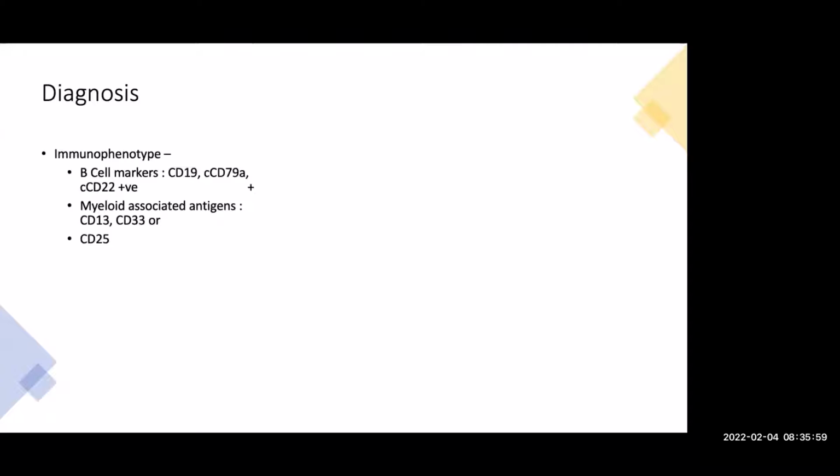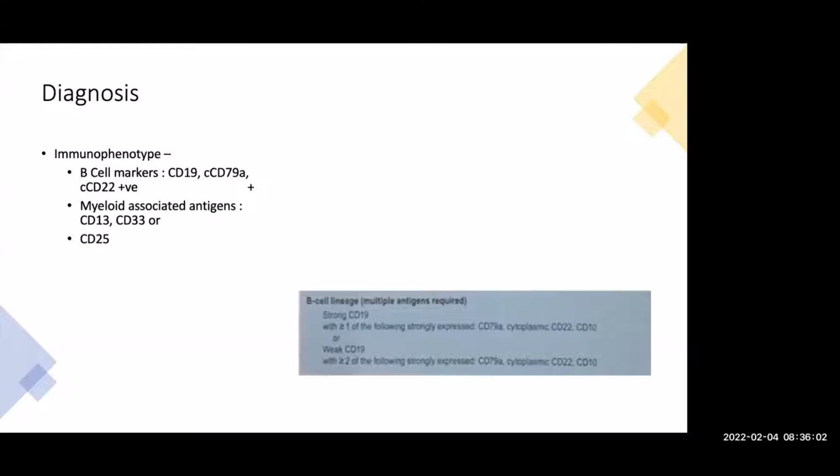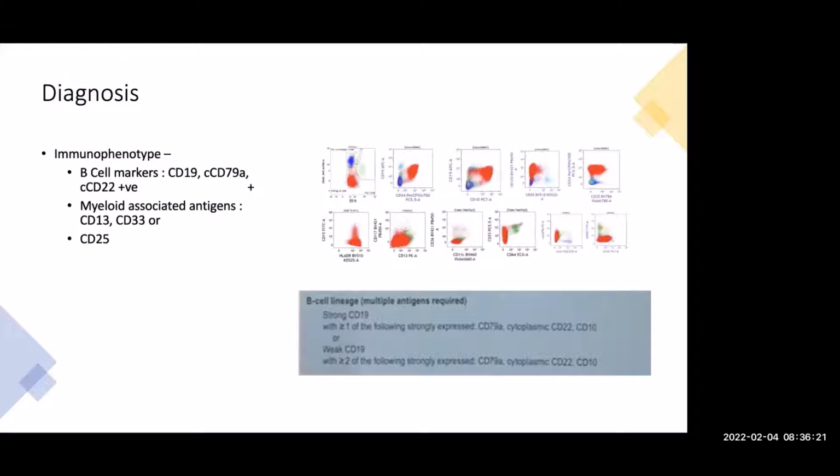In the flow cytometry, the most important identifying factor would be to first identify whether the particular involved blasts are of B cell lineage, which we could identify with the B cell markers, which is CD19, CD79A, and CD22, and then presence of myeloid associated antigens like CD13 and 33, and presence of CD25. If we find a flow cytometry report with these findings, we could predict that the patient would most likely be having pH positive ALL.